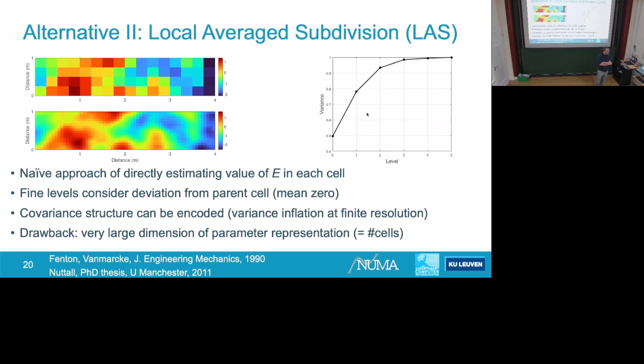That's one big issue. The drawback of this is, of course, that you need many coefficients. You need one coefficient per grid cell on each resolution level, whereas with KL, this is independent of the mesh size resolution, the number of terms that you take.